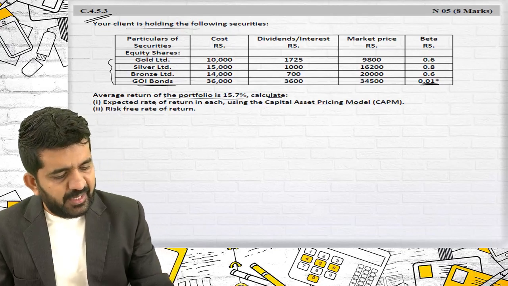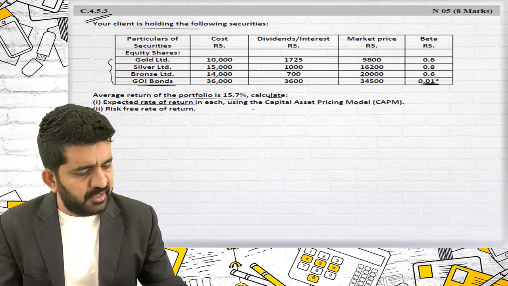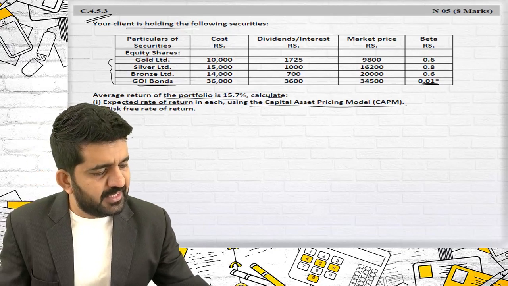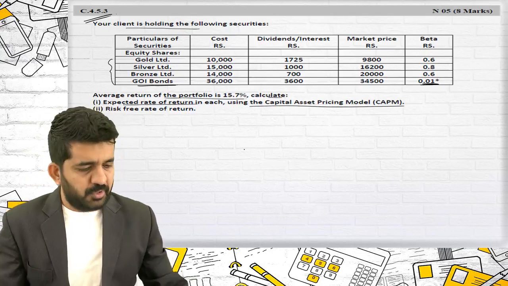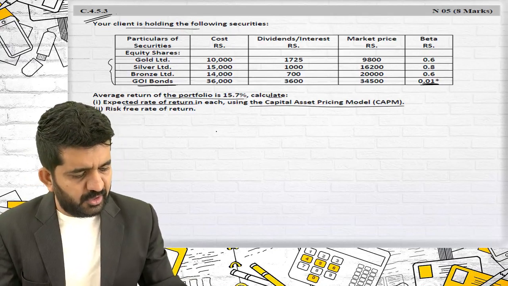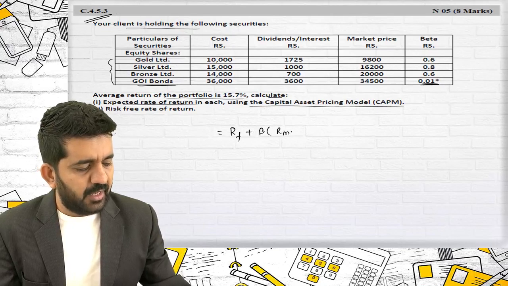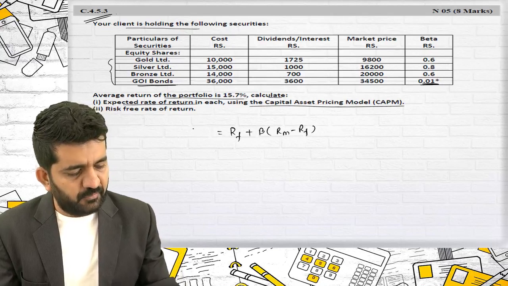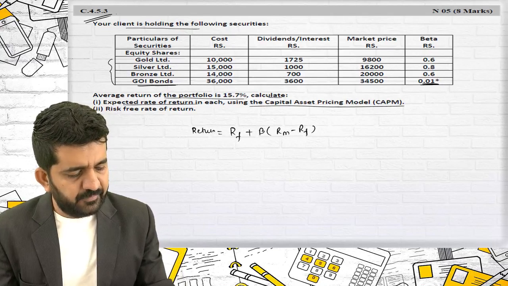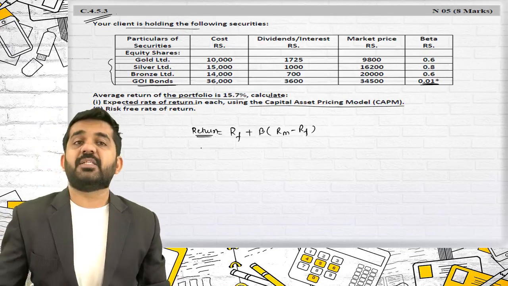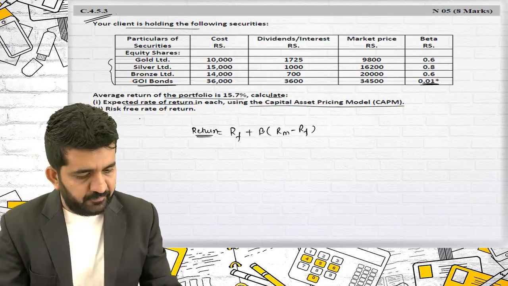Calculate the expected rate of return of each using the CAPM model. What is the CAPM model? Your expected rate of return is equal to RF plus beta into RM minus RF. And this you need to find out based upon the CAPM model.